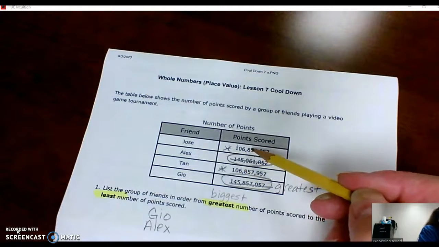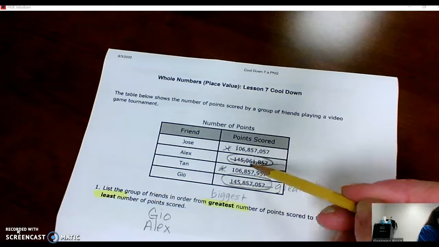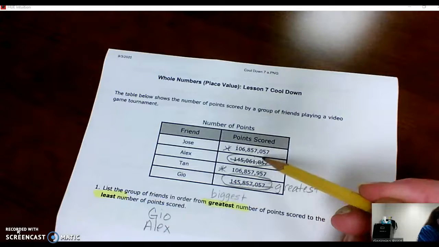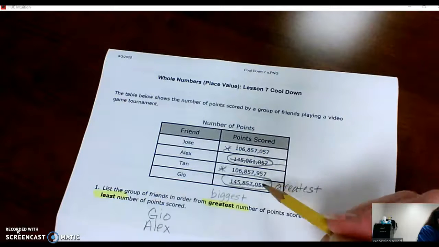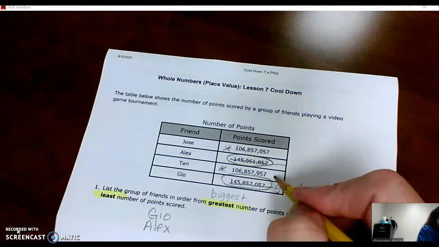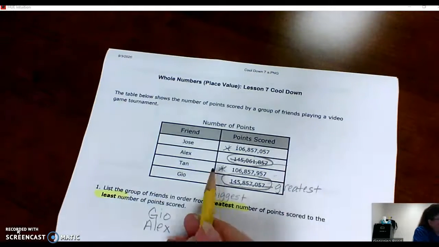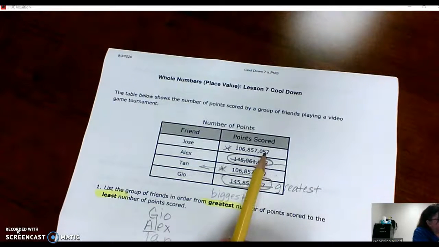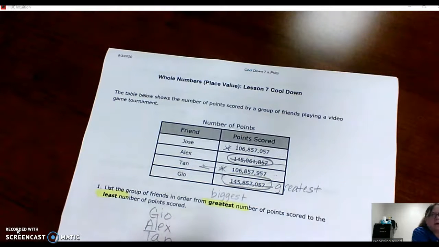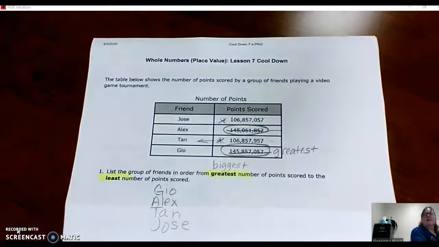I have to move to the next number. These are the same. These are the same. These are the same. In my hundreds place, I see a difference. There's a 0 here. There's a 9 here. So that makes this my next biggest number, which is 10. And then my smallest number, or my least, is Jose. That is what I do. I compare my numbers.